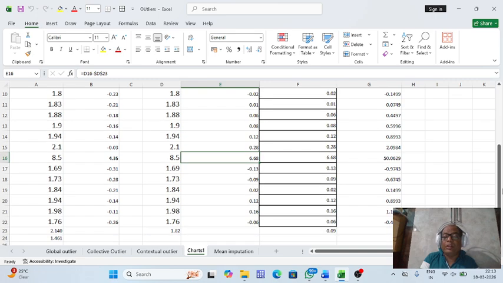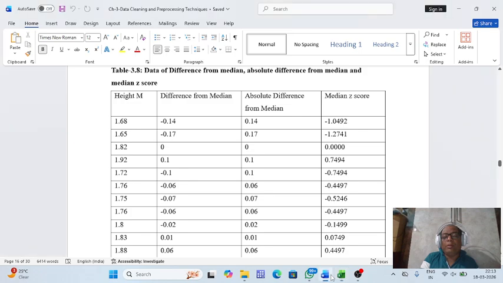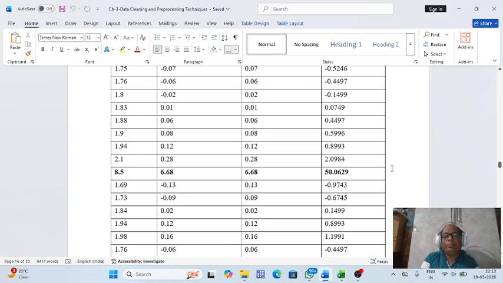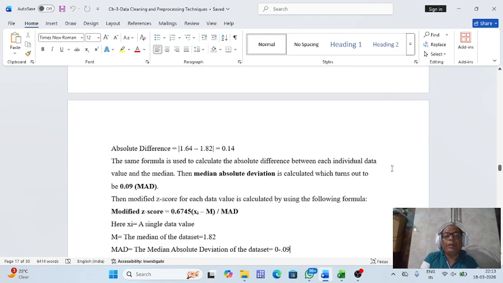Again we have to see what MAD is. The median of F2 to F22 is the MAD, the median absolute deviation. I have given that. So again we will put the formula.